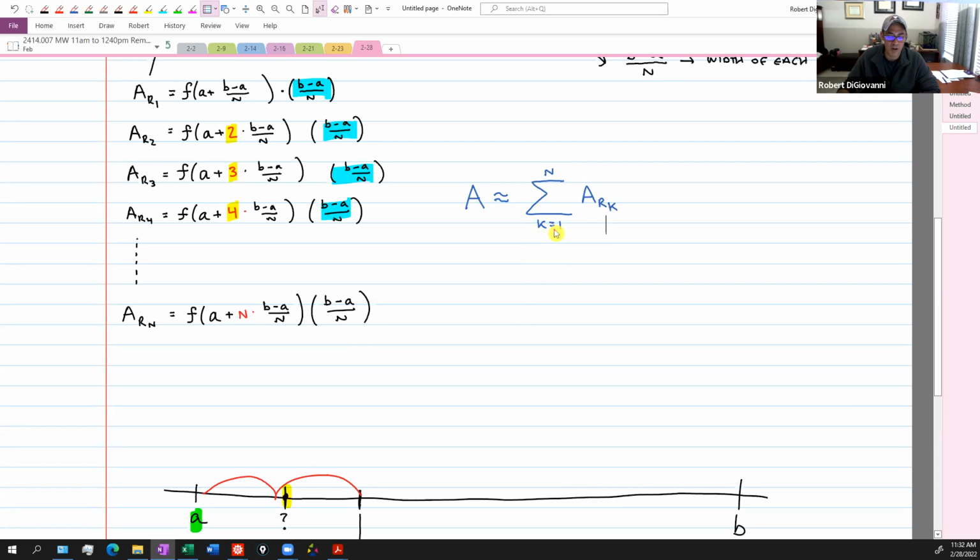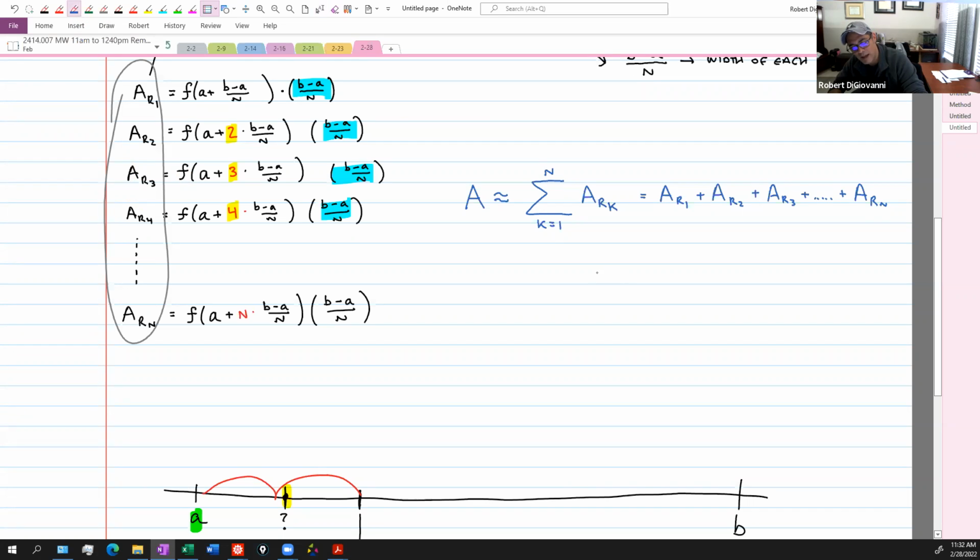I'm going to let k start at 1, and I'm going to change this k, and stop at n. So what does this look like? The area of R sub 1 plus the area of R sub 2, the area of rectangle 3, the area of rectangle 4, 5, 6, all the way till I get out to the area of rectangle n, which is just all of these guys over here, right? That's the sigma notation for this. Still there?